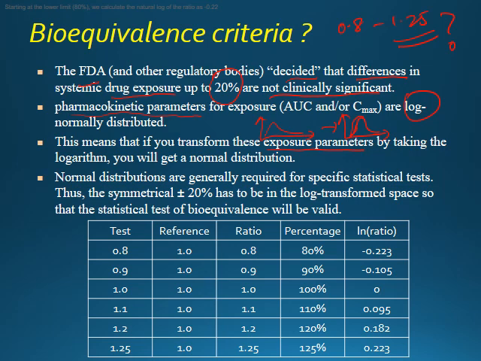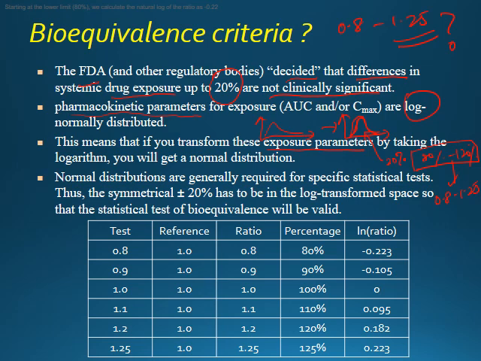Referring to the normal distribution of the log curve, we take 20% as the limit that is not clinically significant. So it should be 80% to 120% in the log value. When you take the log value and anti-log the 80% and 120%, it becomes 0.8 to 1.25.